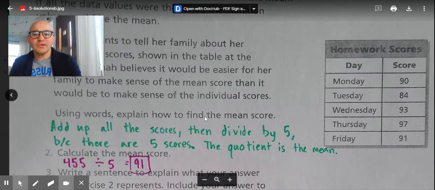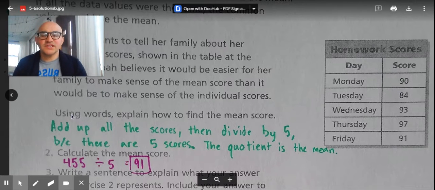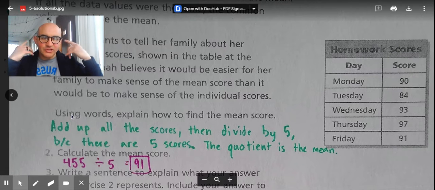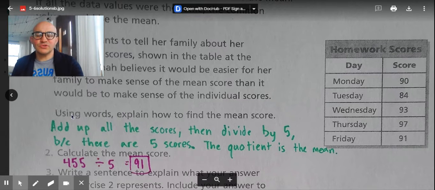The first job is, just using your English language skills, write a sentence explaining the steps you'd follow to calculate the mean. The whole point is to jog your memory about what we are doing, finding the mean. Pretty straightforward. We add up all the scores, and since there are 5 days, we divide by 5.